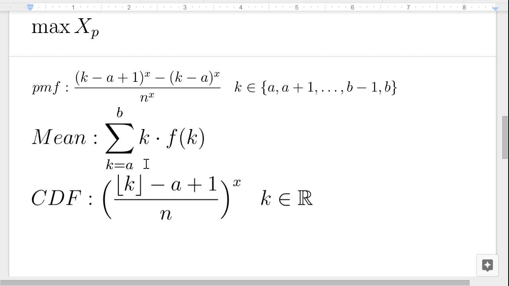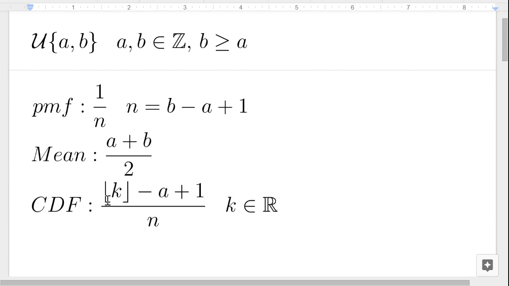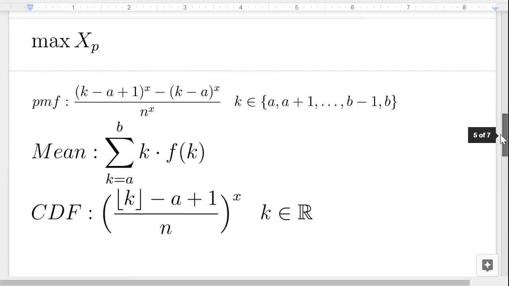And then what's interesting here is that there is actually a nice CDF. It turns out that you can actually just take the regular CDF and raise it to the power of the number of samples that you're taking.